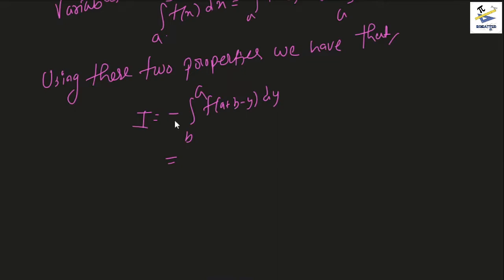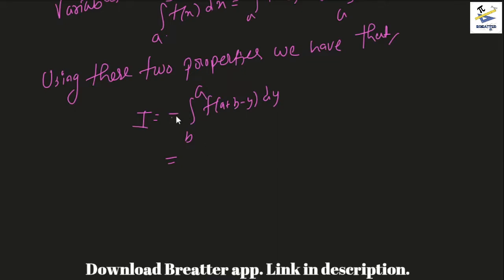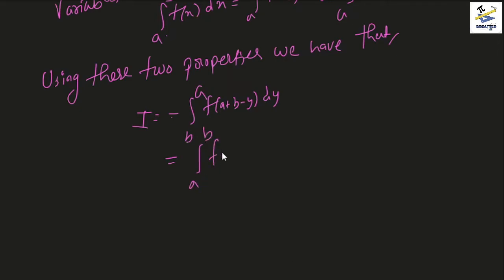But then again, as I said, whenever there is a minus in front of a limit of integration, the limits just get reversed, so it becomes a to b f of a plus b minus y dy. And you know that definite integrals are independent of variables, so it doesn't matter if you put a y or an x or a z here, because it's completely independent.